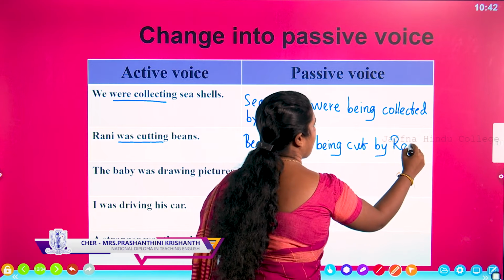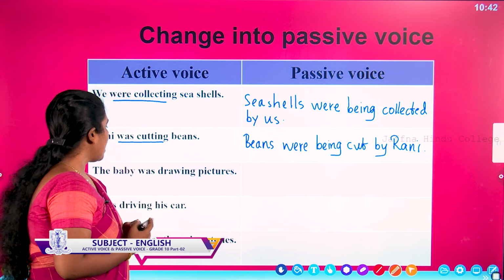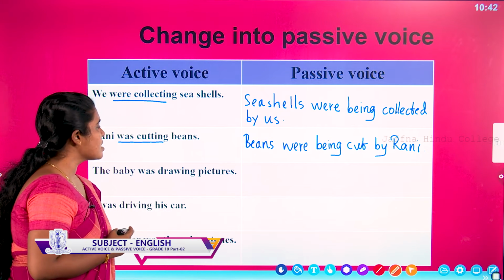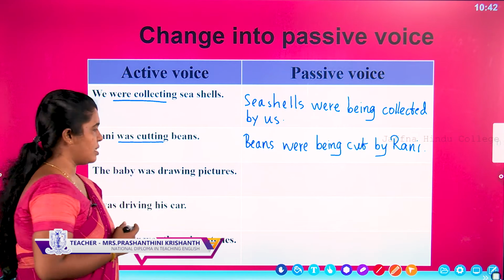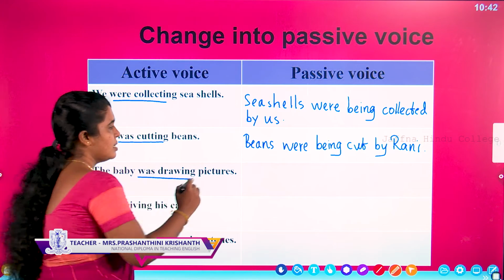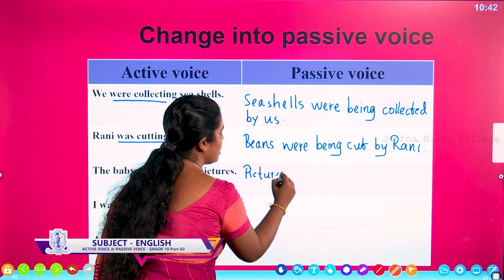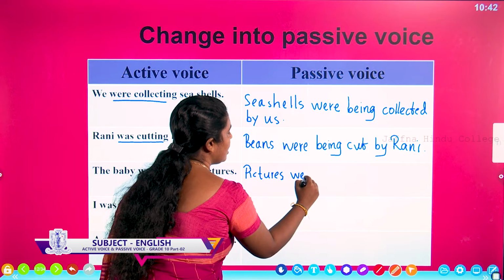Ronnie. Okay. Third one, the baby was drawing pictures. Was drawing pictures. So pictures, this is the object. So we are taking first pictures were.